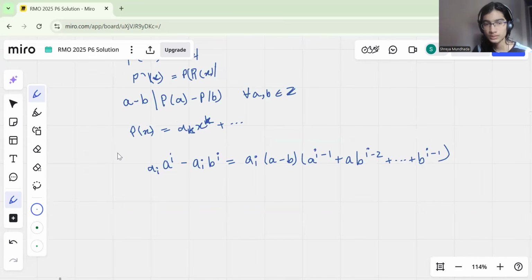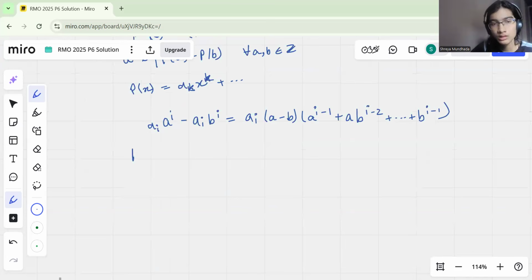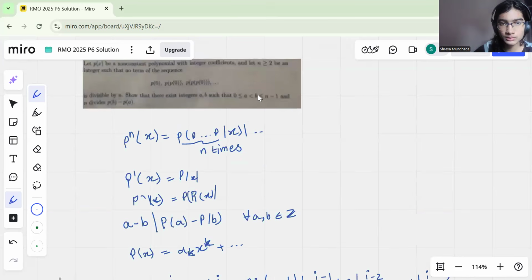So in particular, what this means is that it makes sense to go mod n in the polynomial. So you can look at p as a function from Z mod nZ to itself. And what we need to prove is that there exist some integers a and b which are both in this range and they're different, but the values are the same mod n.